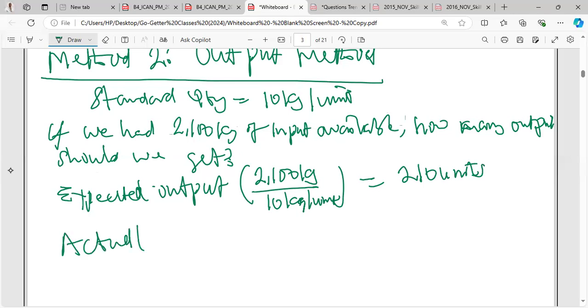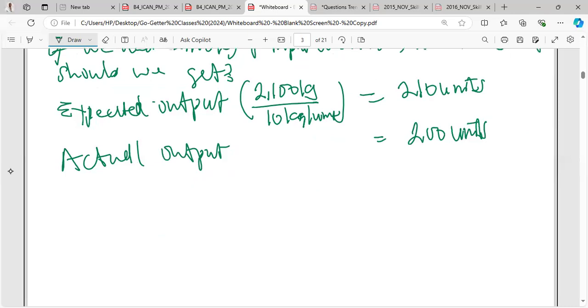Actual output, we had 200 units. That was our actual output. So when we less it, we had 10 units adverse.